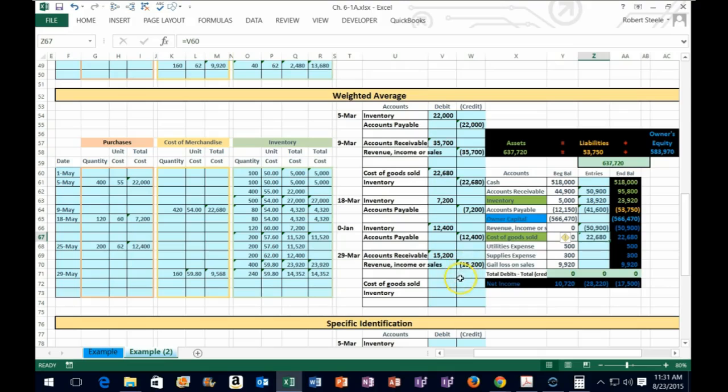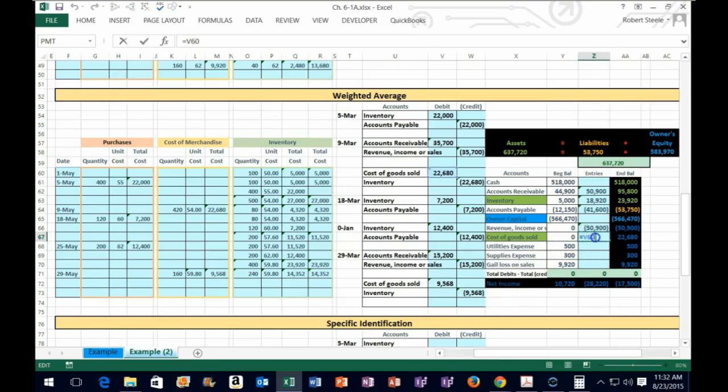Then we can record the cost of goods sold. That's what we calculated there. That's the 9568. So we're going to say the cost of goods sold is the 9568. That will be the expense related to that revenue generation. So revenue went up by 15,200 and net income is going to go down by that expense now, 9568.